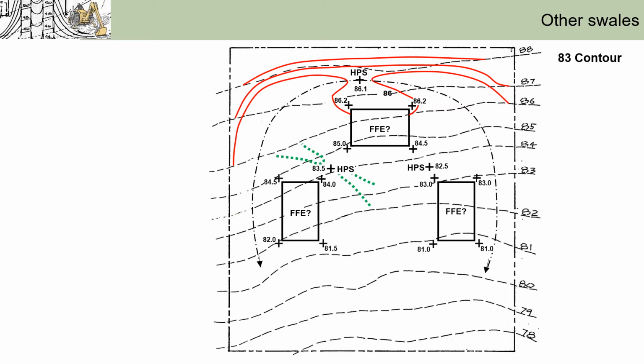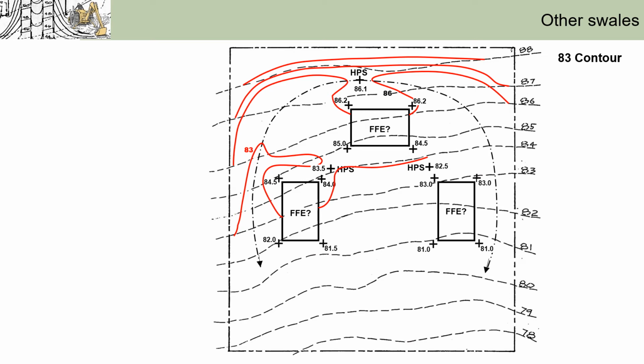Let's start with the 83 contour on the left. We know this portion on the left needs to be V-shaped to form the large swale. Then this next portion forms the small swale on the left.